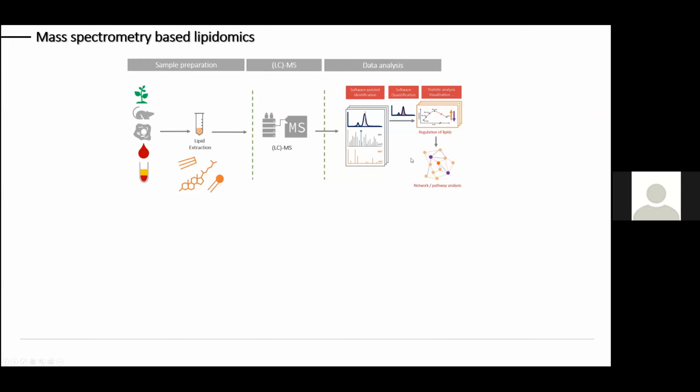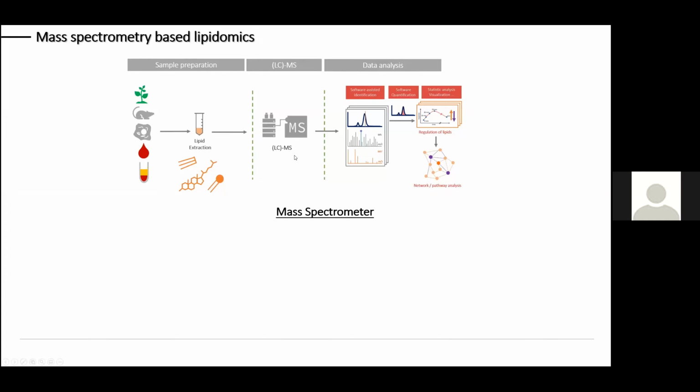Afterwards, we go on with data analysis, as all omics technologies provide us a very big set of data, and we usually need different software tools nowadays in order to process these very complex lipidomics data sets. But let's focus now on the LC-MS-based technology.